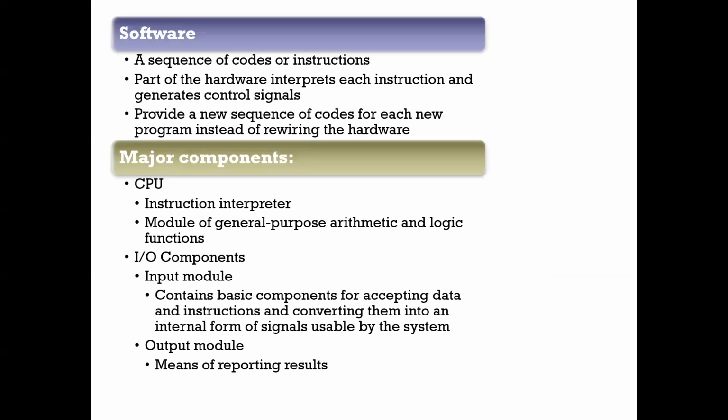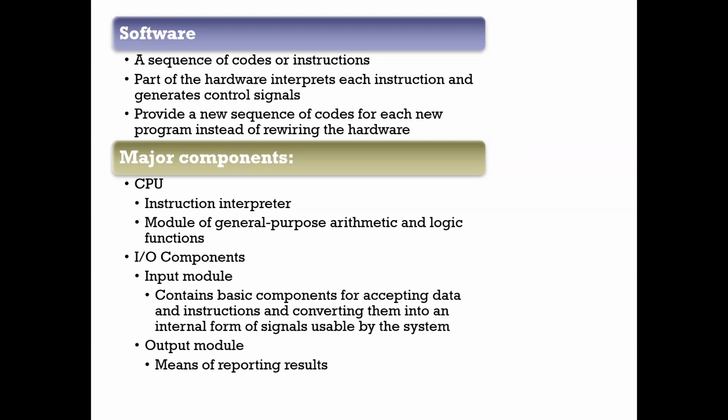So software is a sequence of codes or instructions, and part of the hardware interprets each instruction and generates control signals. That's typically the control unit. We provide a new sequence of codes for each new program instead of having to rewire the entire machine each time.